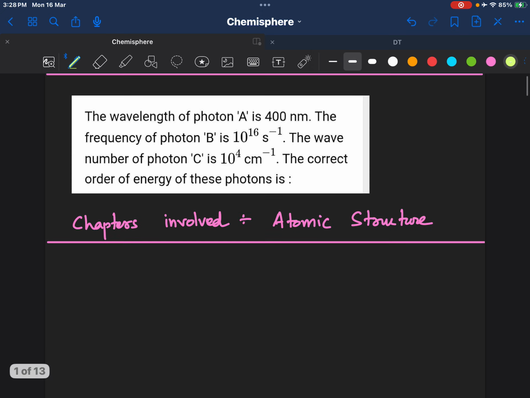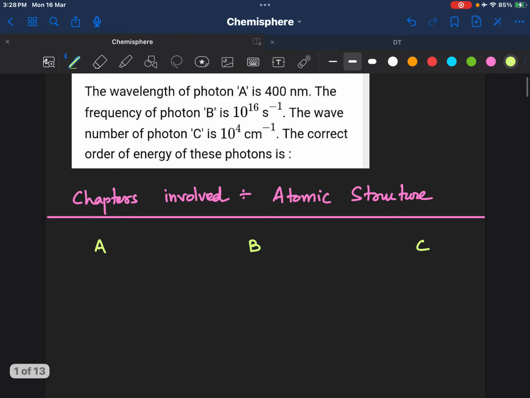We have three photons, A, B, and C. For A, the wavelength is given as 400 nanometer, and you can convert it into standard units, that is 10 power minus 9 meters. For B, the frequency is given as 10 to the power 16 second inverse, already in standard units, so no need to do anything.